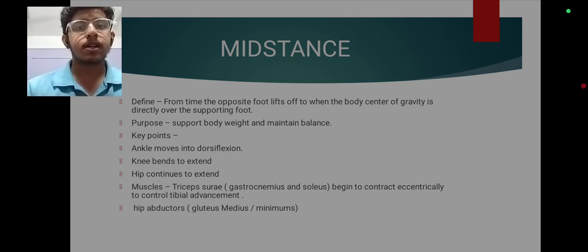The key points are: the ankle moves into dorsiflexion, the knee moves to extension, the hip continues to extend. The muscles involved are the triceps surae, which includes the gastrocnemius and the soleus, beginning to contract eccentrically to control tibial advancement. The hip abductors also help in this phase.